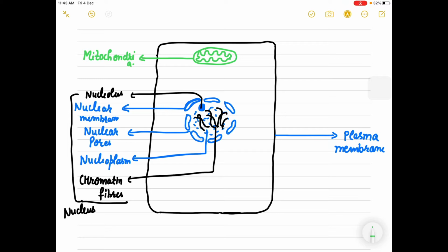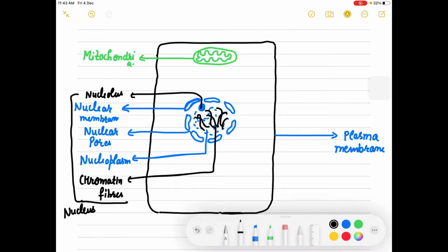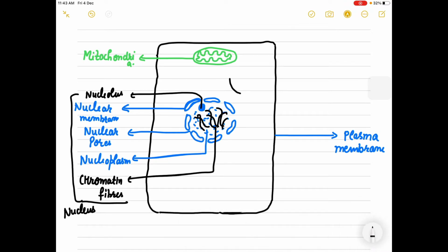Now, after the mitochondria, we have to draw the Golgi bodies. So here we are going to draw Golgi bodies, as you can see, with the lysosome vesicles, right? So this is the Golgi body.